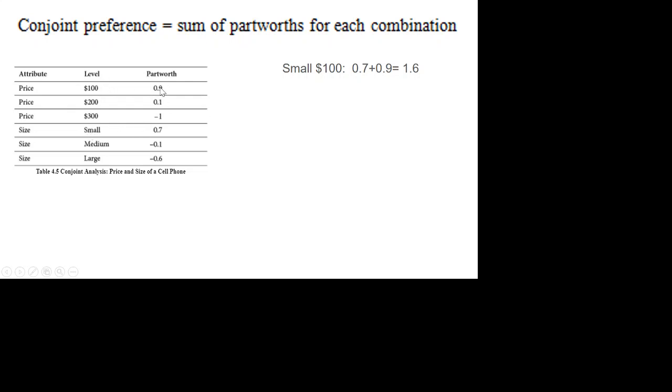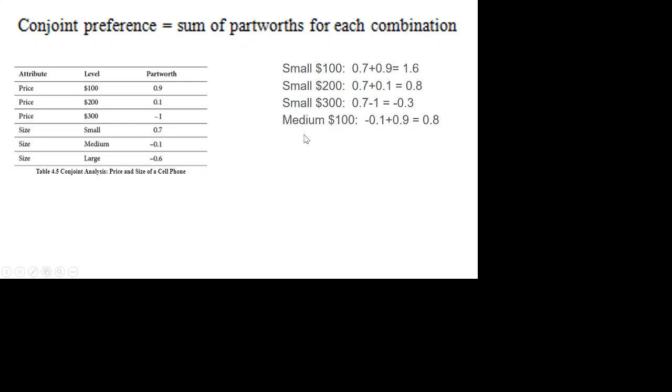So small, $100: small is a 0.7, $100 is a 0.9, you add those together, 1.6. Small, $200 is that same 0.7 plus 0.1, you get 0.8. Small and $300: the small part worth gives you 0.7, the $300 price gives you a part worth of -1, and you add those together, you get -0.3.